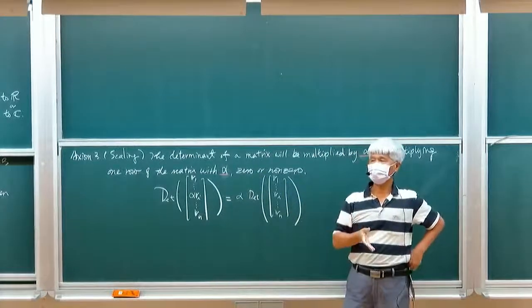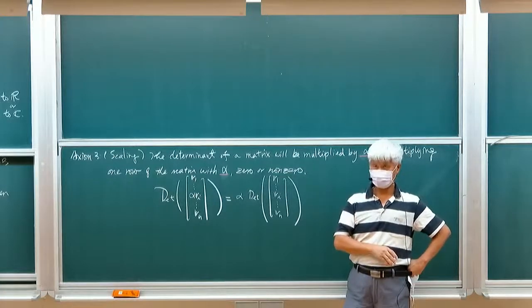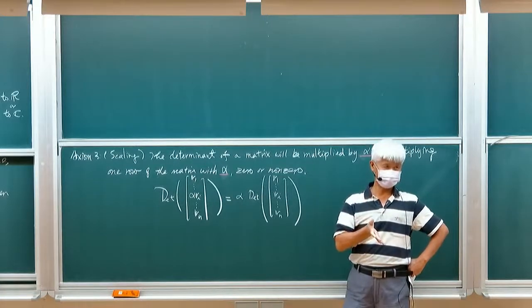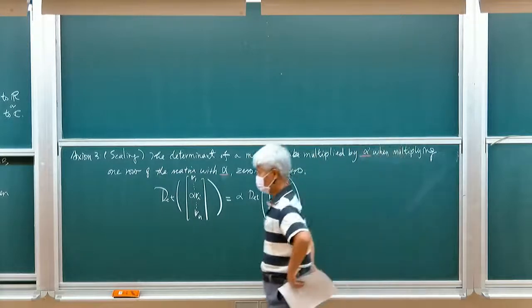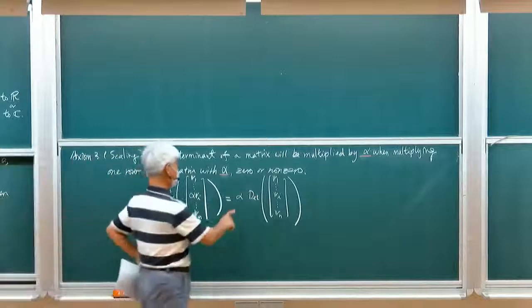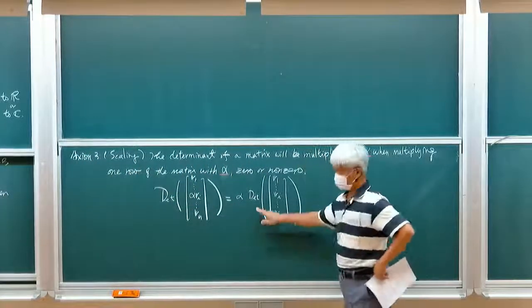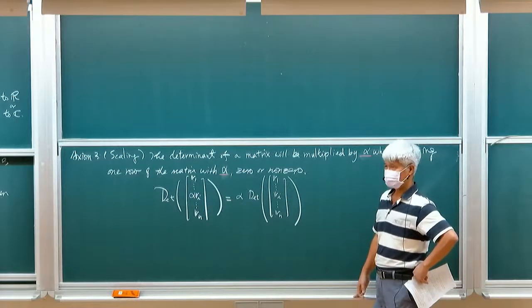When we do the scaling row operation, we are only allowed to use a non-zero scalar. Otherwise, we will get into trouble. So here I write the form like this one without using the SI alpha.